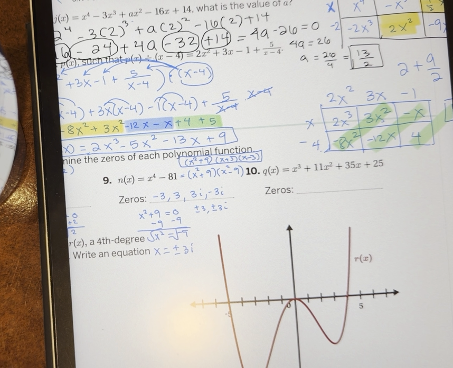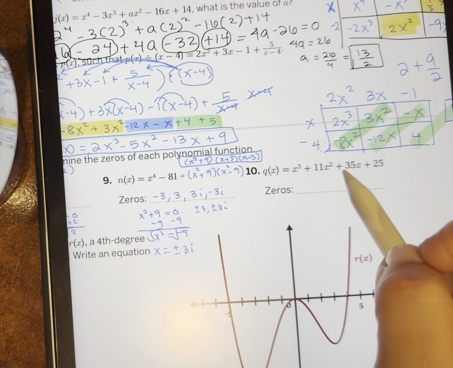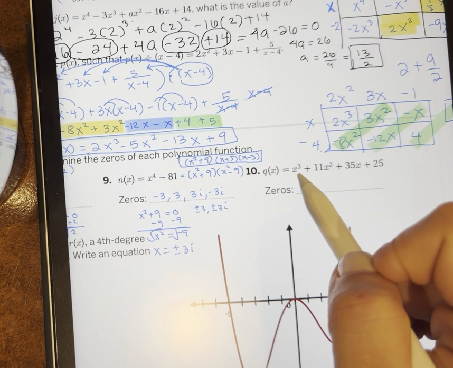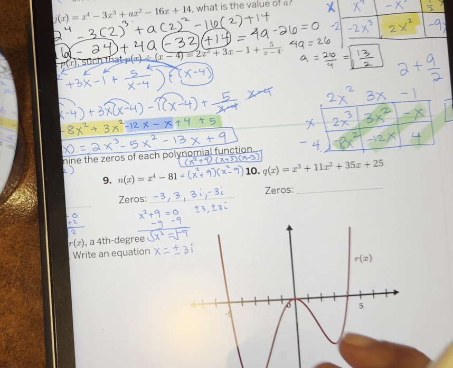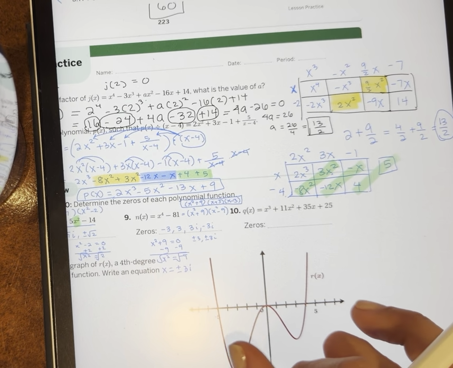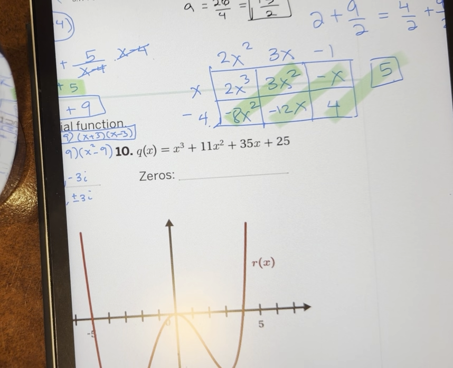I need to find a factor to divide into this to get a quadratic that I can hope to solve, okay? Well, I don't have one. They didn't give me one, so I got to guess and check. And if you're going, oh my God, what? I have to guess and check blind on this guy?